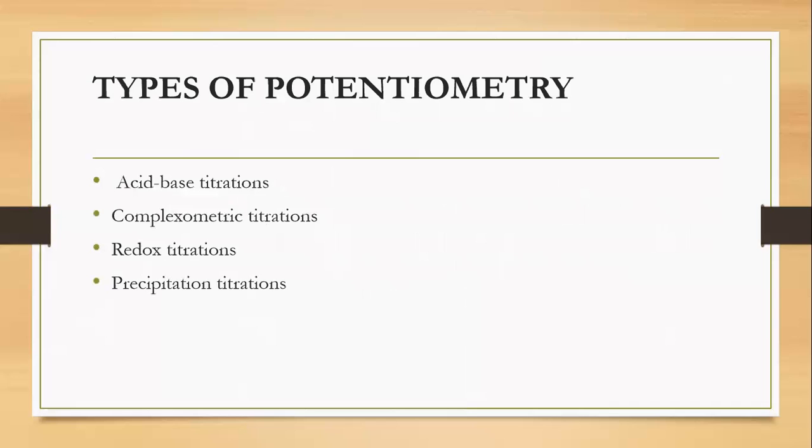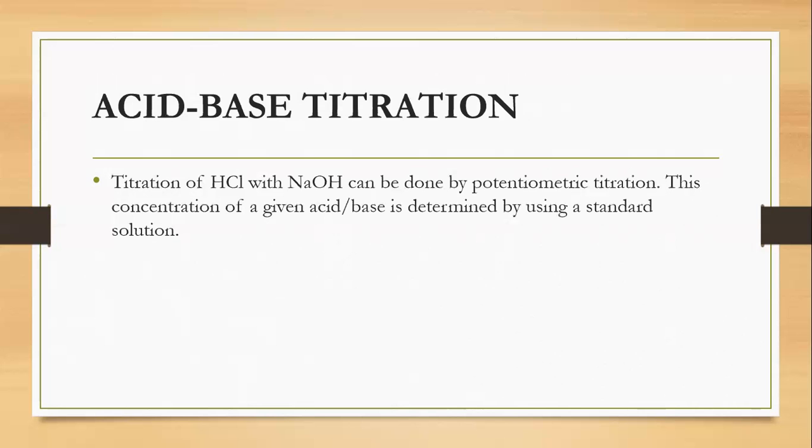So next, we have the types of potentiometry. First, we have the acid-base titrations. Second, the complexometric titration, third, redox titration, and lastly, precipitation titrations. So first, let's talk about the acid-base titration. Titration of hydrochloric acid with sodium hydroxide can be done by potentiometric titration.